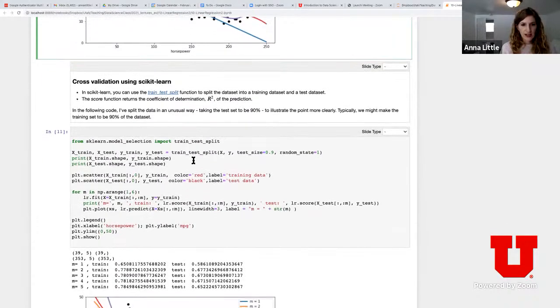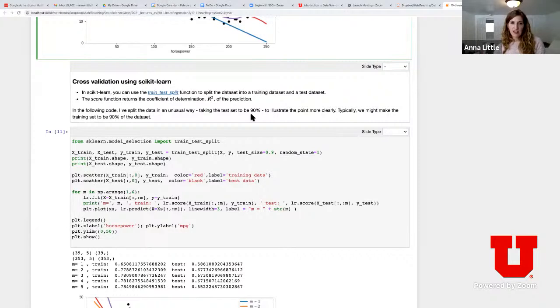Okay, so this is really handy because it can do this process automatically for you. In this code, the data is split in a bit of an unusual way. The test data set is 90%, and the training data set is only 10%. Usually you make the training more than half of your data and the testing data set less than half.